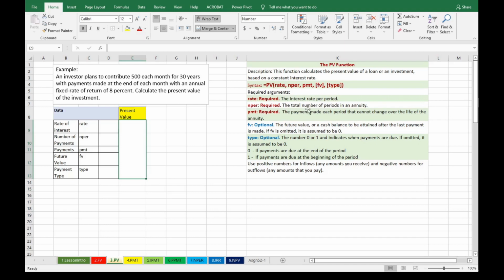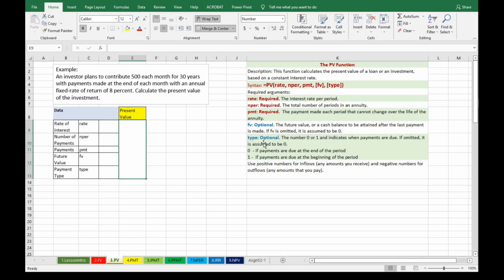NPER is the total number of periods in an annuity. Then PMT is a required argument. It is the payment made each period that cannot change over the life of the annuity. FV is an optional argument. This is the future value or the cash balance to be attained after the last payment is made. If FV is omitted, it is assumed to be 0.